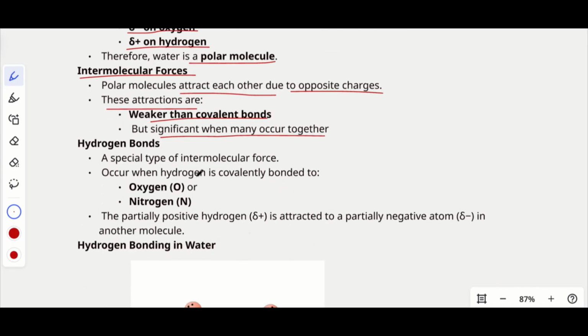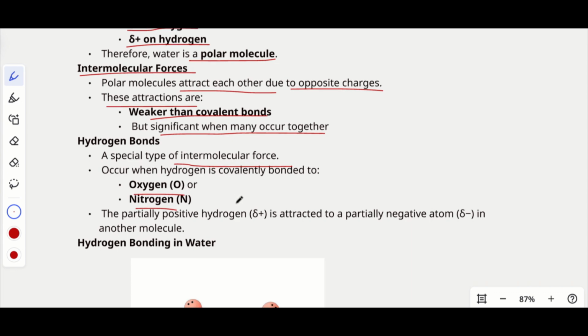Now, the hydrogen bonds. What are hydrogen bonds? A hydrogen bond is a special type of intermolecular force. It occurs when hydrogen is covalently bonded to oxygen or nitrogen.